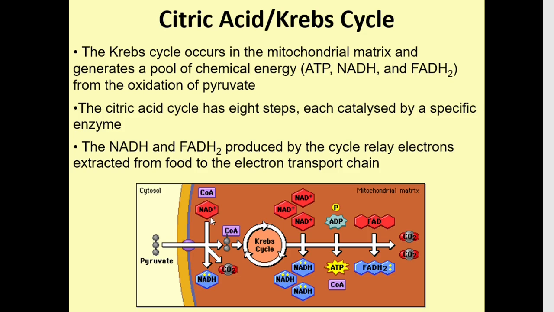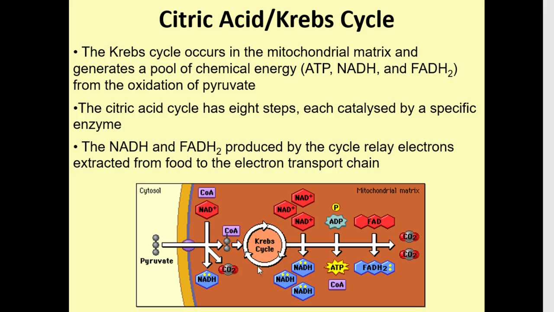So NAD plus comes along, gathers up a couple of electrons, so it turns into NADH. We break off a carbon dioxide. So there's the carbon dioxide. That leaves us now with a 2-carbon molecule, so that acetyl group, which is attached to this coenzyme A to make acetyl-CoA, and then that feeds into the Krebs cycle.